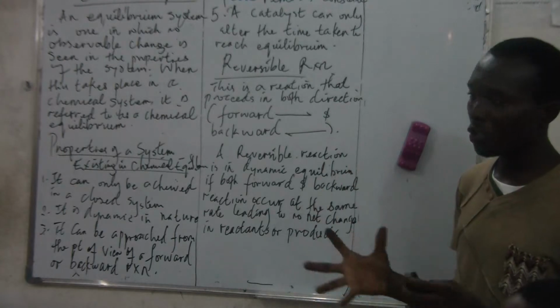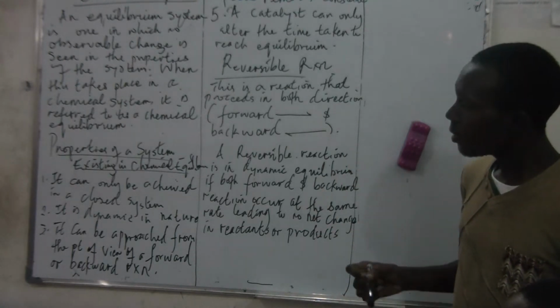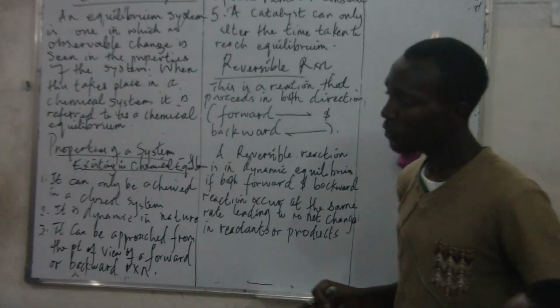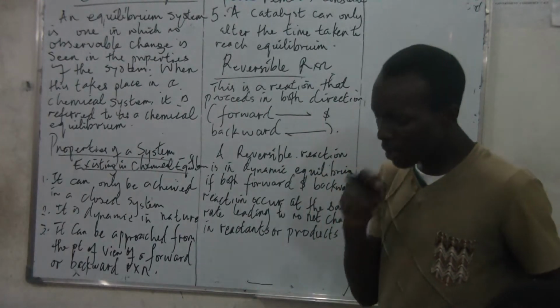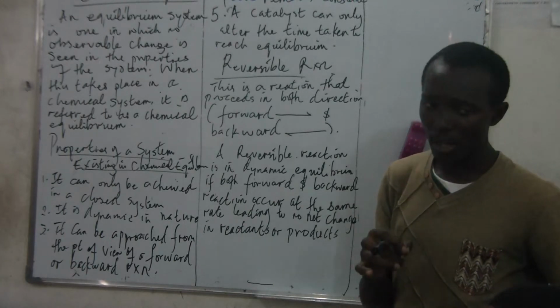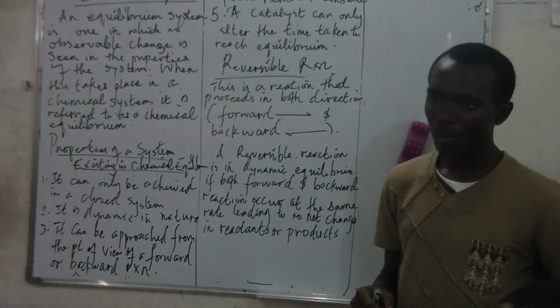So it must be in a closed system. If you recall, there are three types of system. The first type of system is an open system.